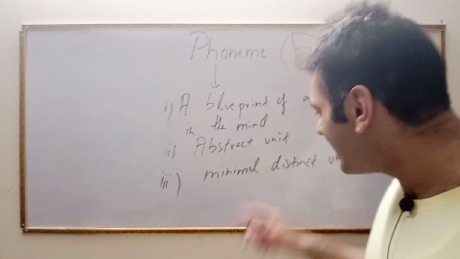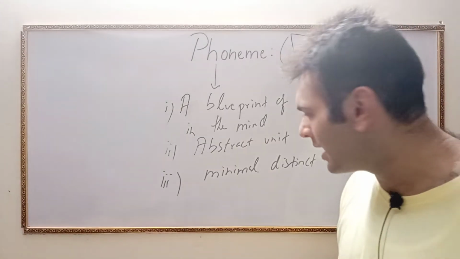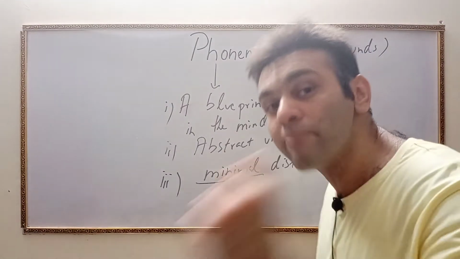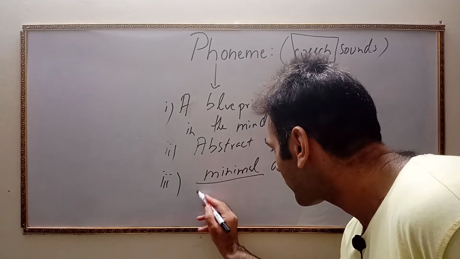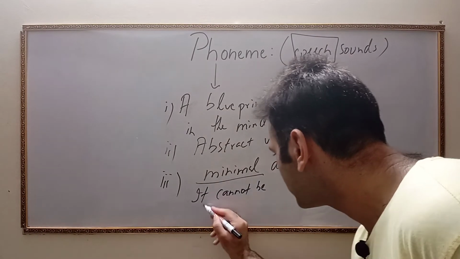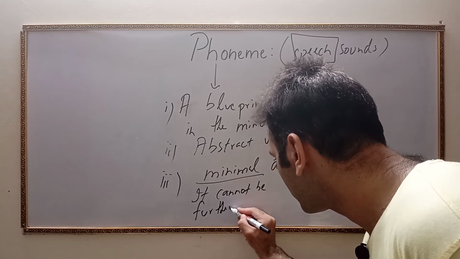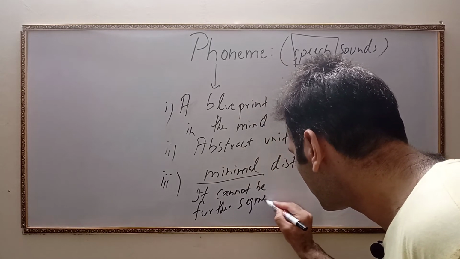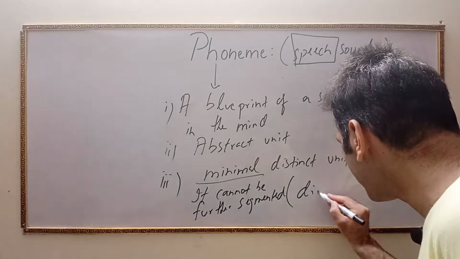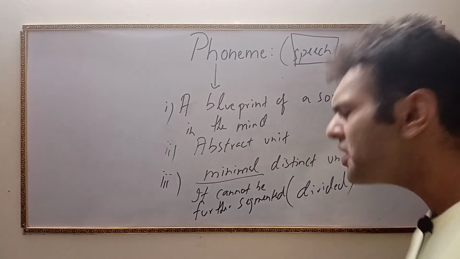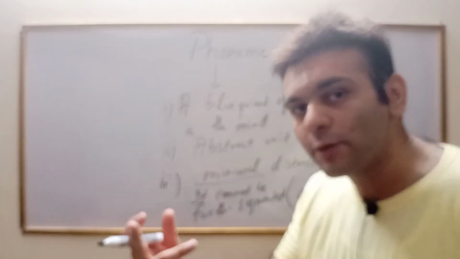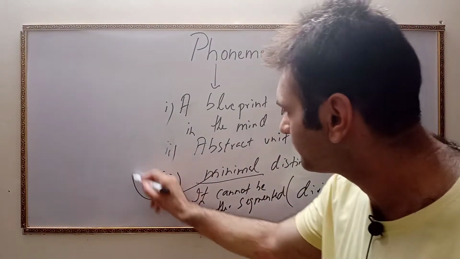By minimal distinct unit we mean that it cannot be further segmented. Segmented means divided, or we can simply call it an indivisible unit.